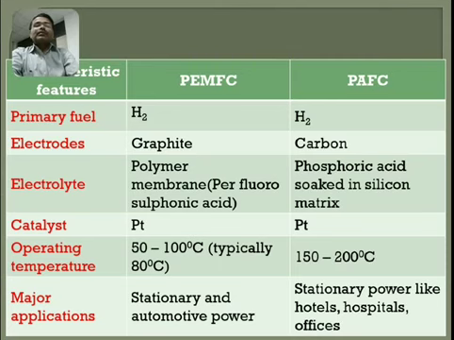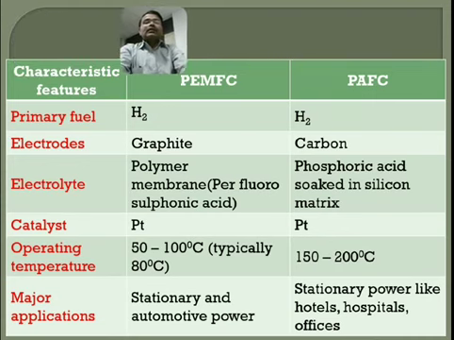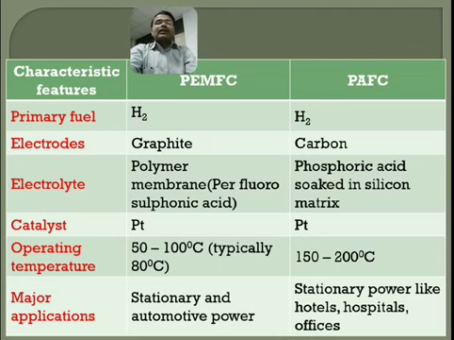These are some comparison points between the PEMFC and PAFC. The primary fuel in both PEMFC and PAFC is hydrogen. Electrodes are graphite or carbon in both, which means similar electrodes are there.